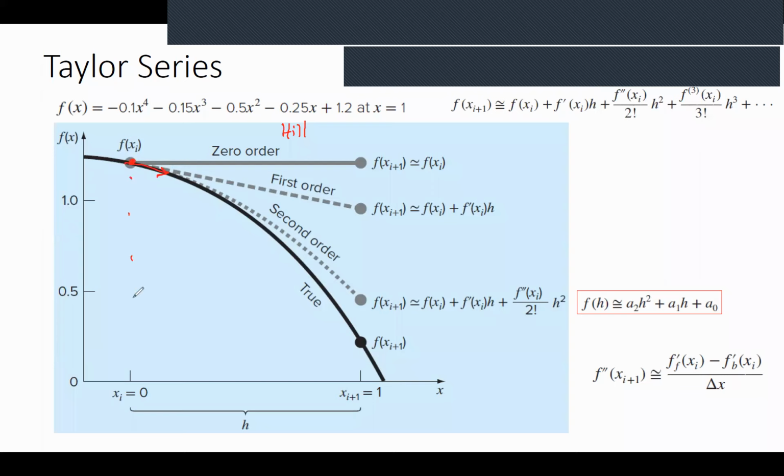Let's say the initial position is xi, which is 0, and the point that we'd like to go is xi plus 1, let's say 1, and the difference is h. Okay, now we'd like to move on this curve and then try to understand how Taylor series are used to estimate the values of the function at any time instant here.